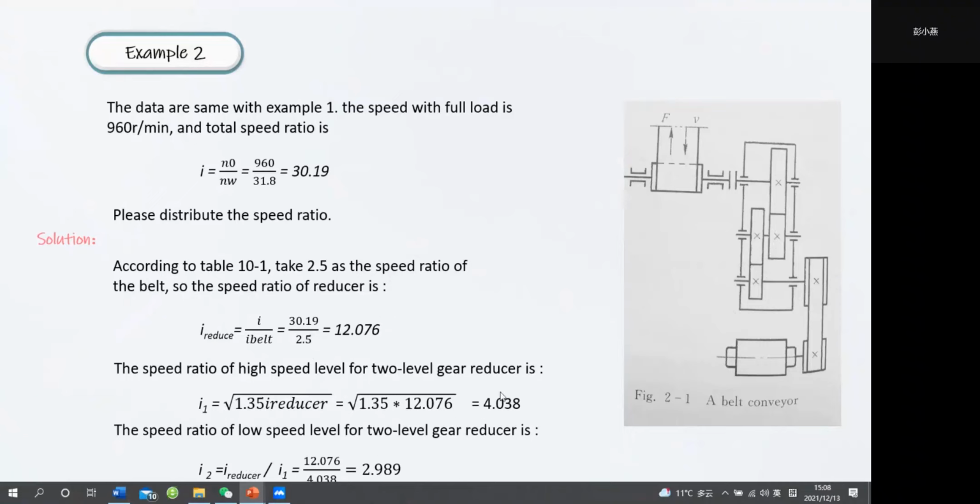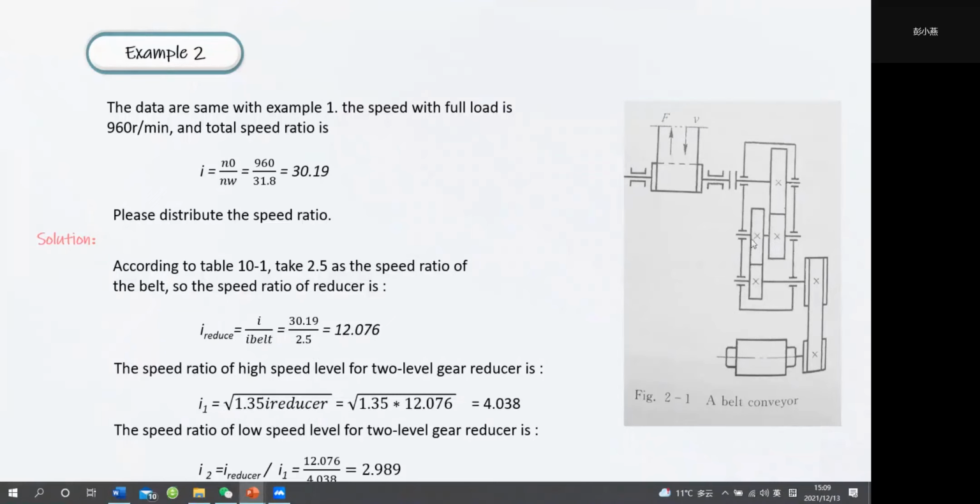And then we distribute the speed ratio: for the belt it is 2.5. For this pair of gears, it's 4.038. And for this pair of gears, it's 2.989.